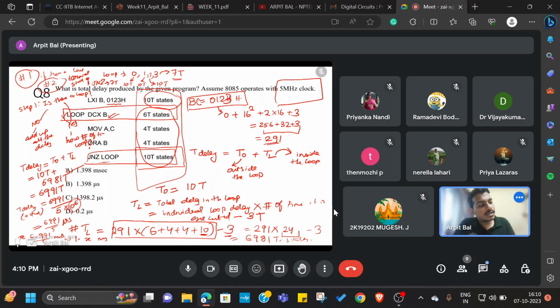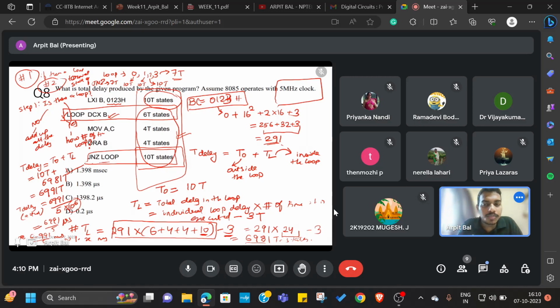So you just sum everything up here, but in the last iteration the JNZ statement is going to take 7 states instead of 10, so we subtract 3. Then the total number of T states we get is 6981 T states for inside the loop operation.